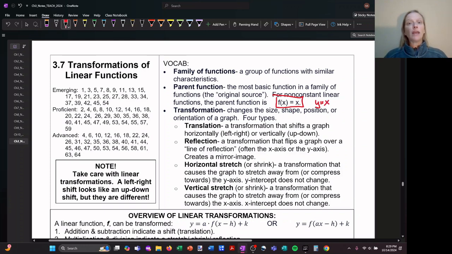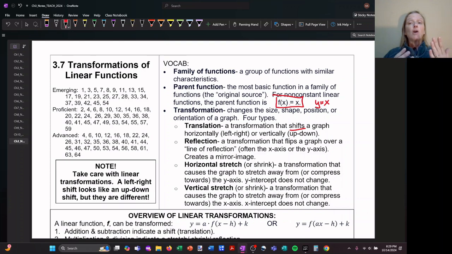And so we're going to look at a variety of different transformations, including translations, which are just shifts. And shifts can be up and down, vertical, or they can be left and right, horizontal. Then we're going to talk about reflections, just like looking at a mirror image of something.